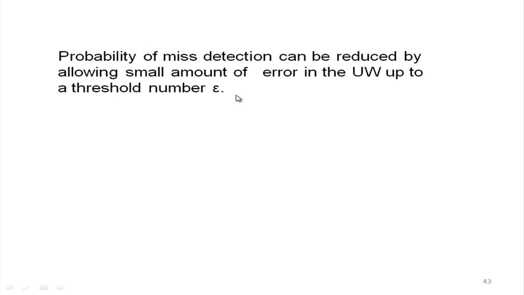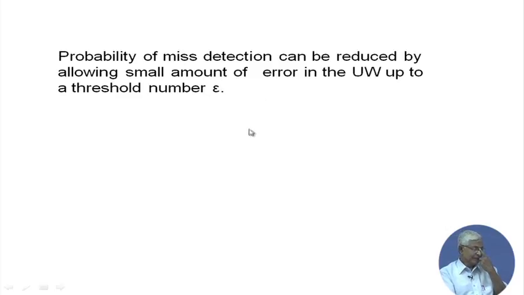Now, the probability of misdetection can of course be reduced if you tolerate one error, or two errors, or epsilon number of errors, depending on how much tolerance you have in your system.